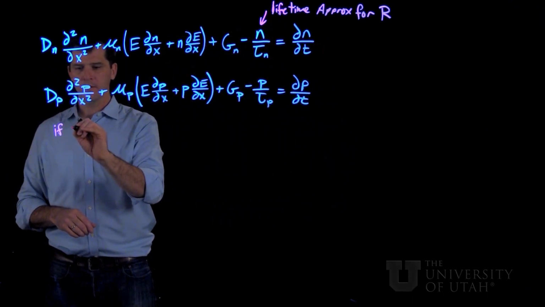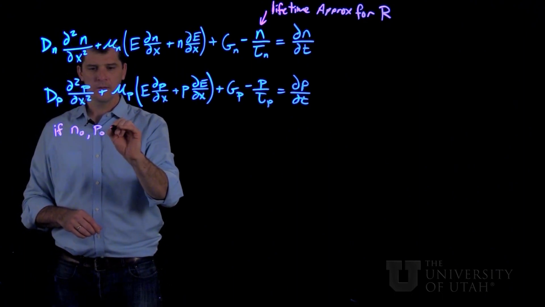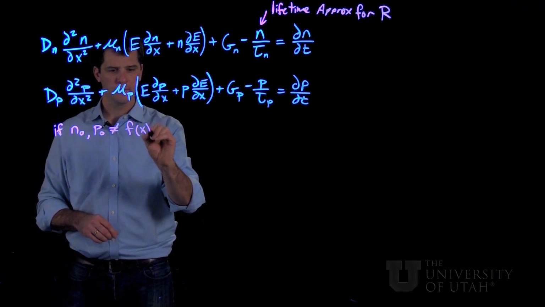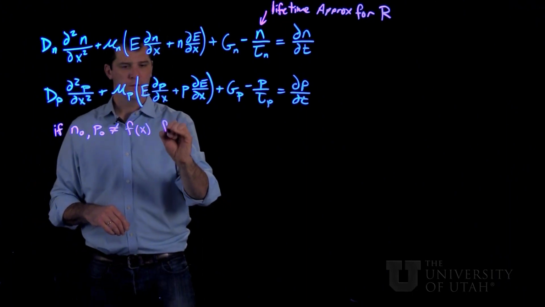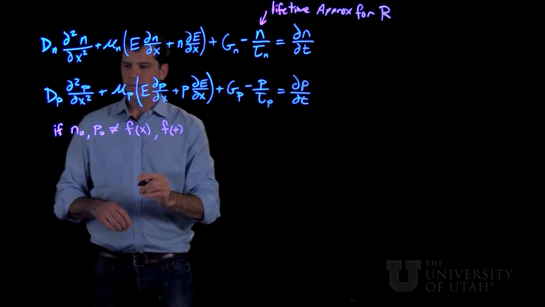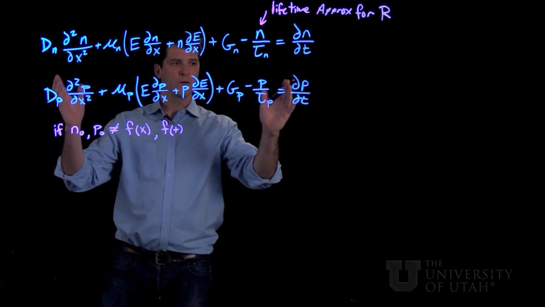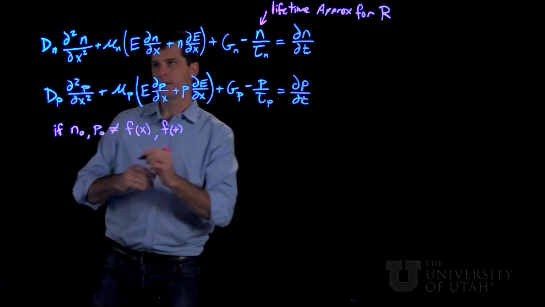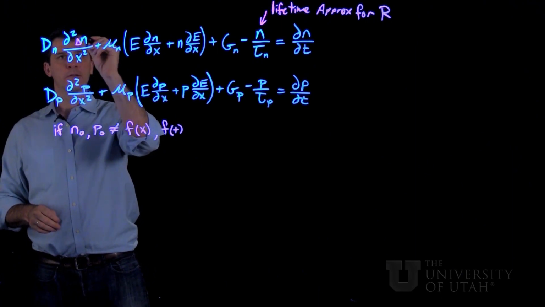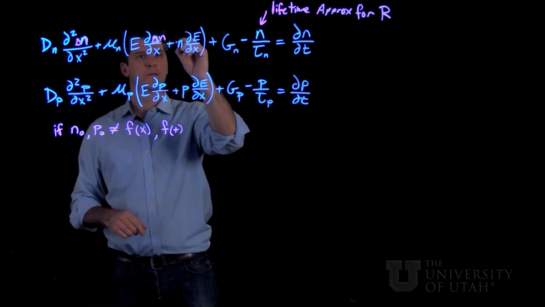So if we can say that n naught and p naught are not functions of x, and we know already that they're not functions of time, then we can actually substitute in our breakup of the total carrier density into the excess carrier part and the static part, and just put delta n everywhere we see an n here.